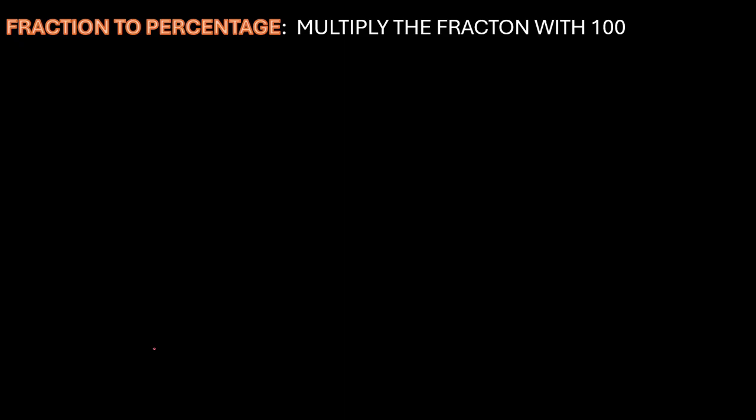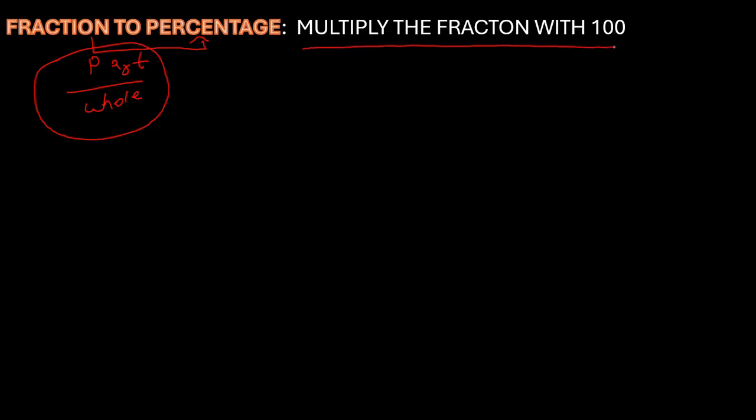Let us understand fraction to percentage. As we have discussed earlier, a fraction is nothing but part upon whole. This is a fraction. In order to convert a fraction into percentage, we multiply the fraction with 100.